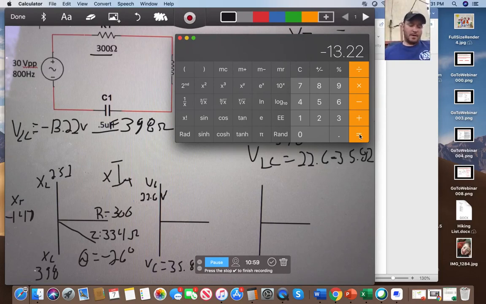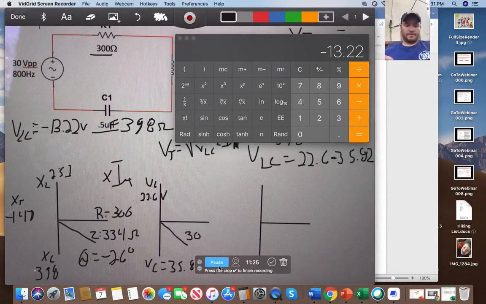All right. Very cool. Now, we know our voltage total is 30. If you want to use Pythagorean's theorem, you can calculate your voltage total as the square root of VLC squared plus VR squared.